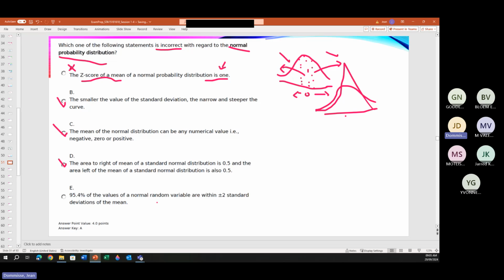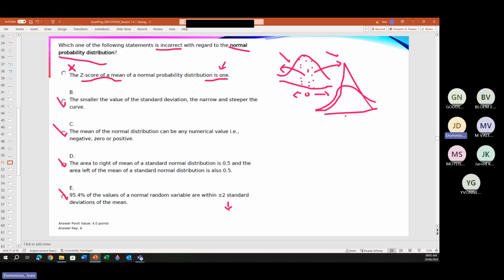95.4% of the values of a normal random variable are within plus minus 2 standard deviations of the mean. That is also correct, and that one is nearly the one we will see when we look at study unit 8 a bit later.